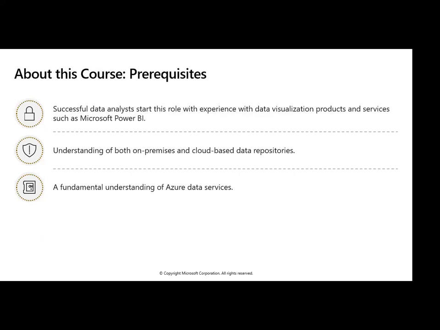Now, you may wonder, don't disturb yourself by asking about any prerequisites. I am assuring you, successful data analysts start this role with experience with data visualization products and services such as Microsoft Power BI. What I want to tell you here is that if you have any exposure to data, welcome.